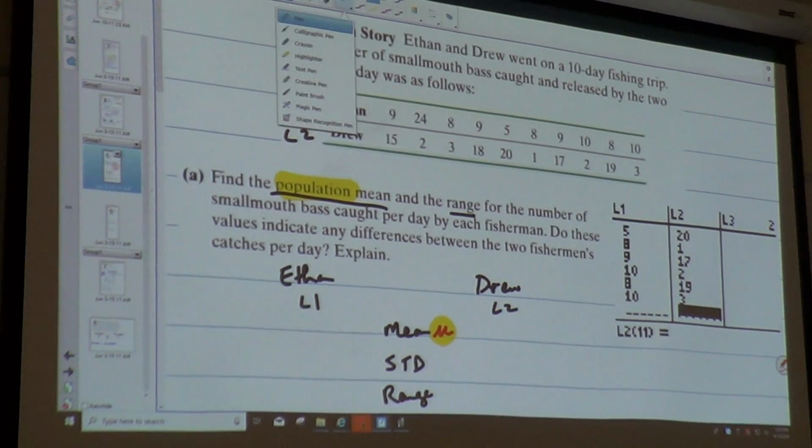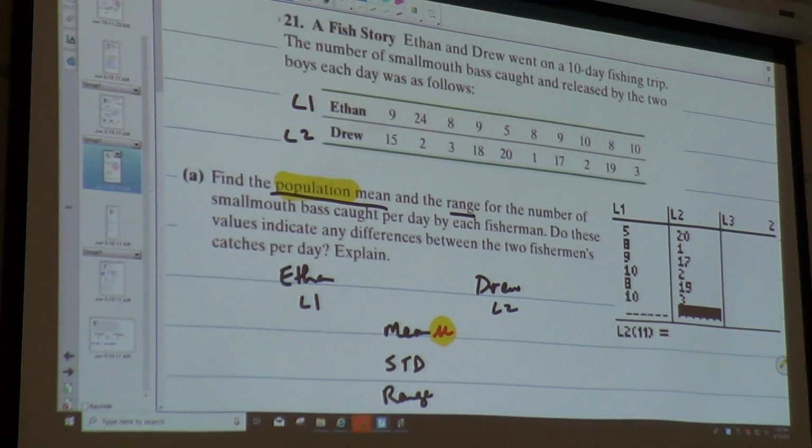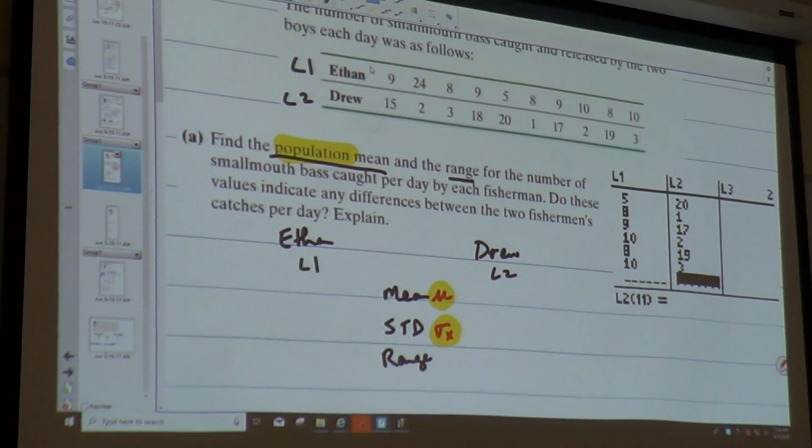What do we call the population standard deviation? What's our range going to be? Max minus min. And I could have told you to get the variance. I could have told you to get a lot of different stuff. But we're just going to do these three.